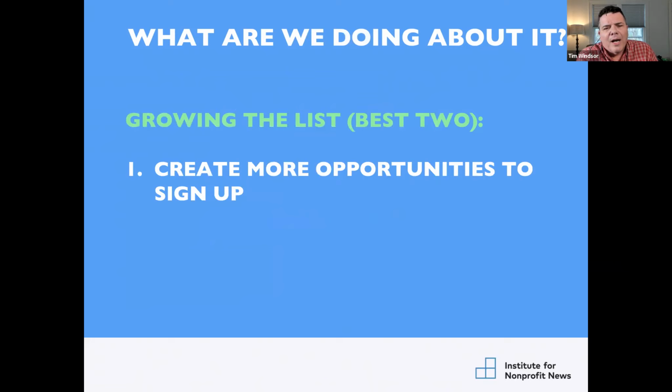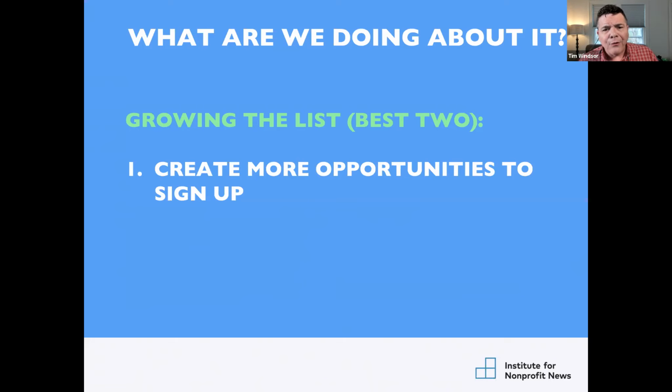And I think clearly the number one way to grow your list is to create more opportunities for your users to sign up. The most obvious way to do that, and the one I was thinking about when I put this as number one, is putting prominently on your site, whether it's in the sidebar towards the top, at the end of a story, or in an overbar on your site, a way for users to know that there is a newsletter or newsletters and that they should sign up right now.